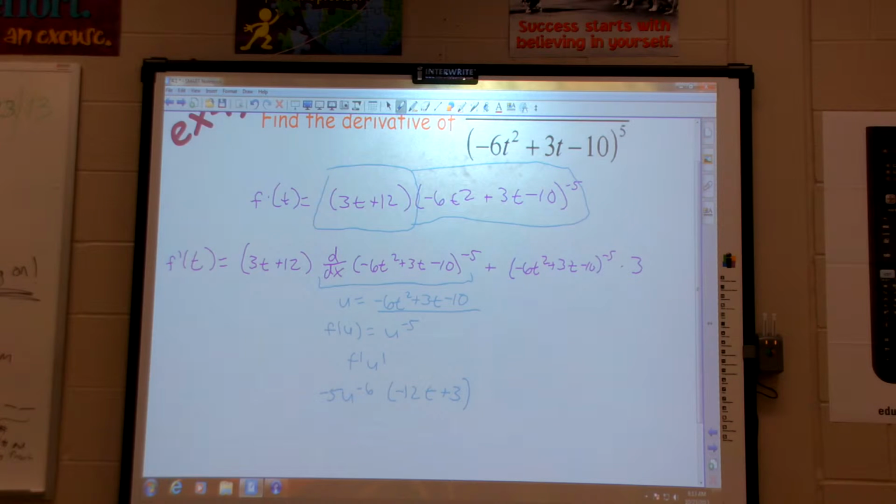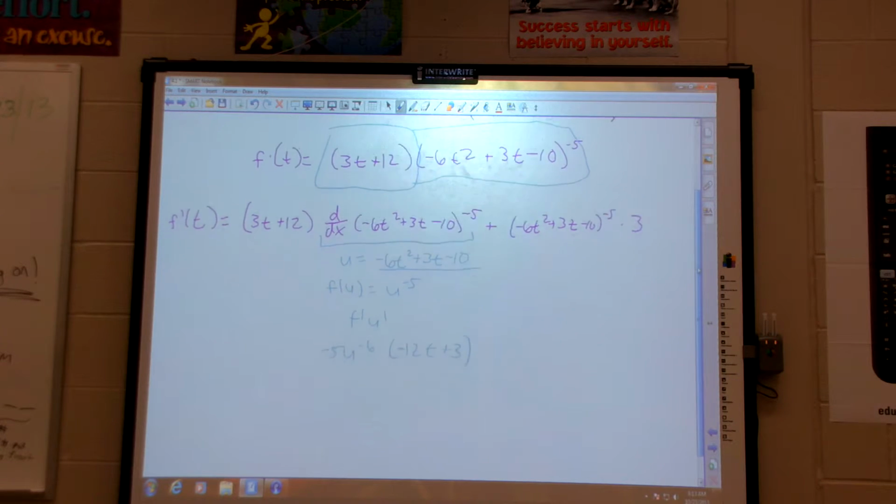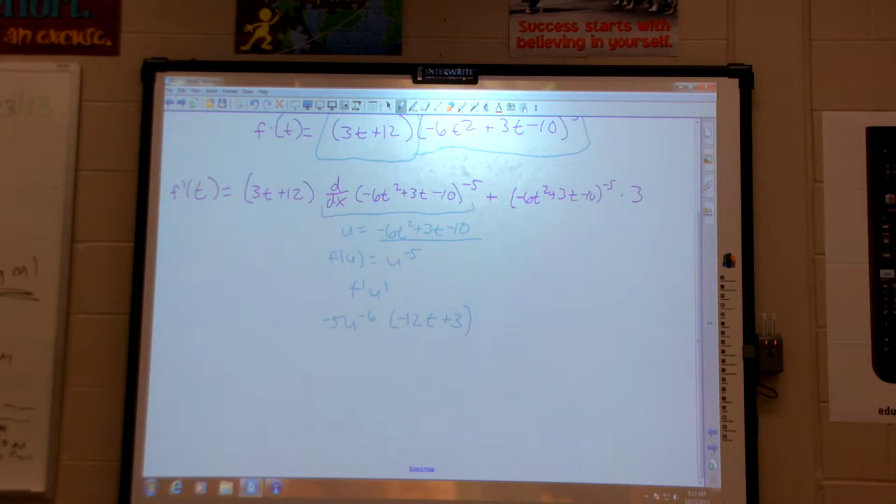Yeah. Okay, now here's where we have to get tricky. We got to watch our algebra. This negative 5 stays up top, so does this, correct? Don't agree with that? That's going to go back down because it's a negative power. Don't take that 5 down with it. That 5 does not have a negative exponent. So I'm going to go ahead and distribute a negative 5.